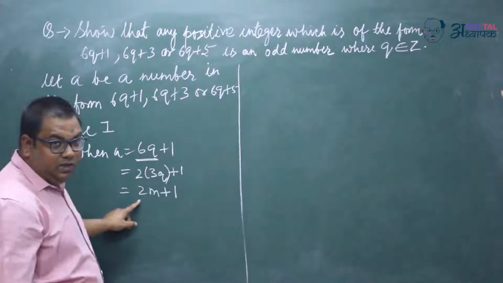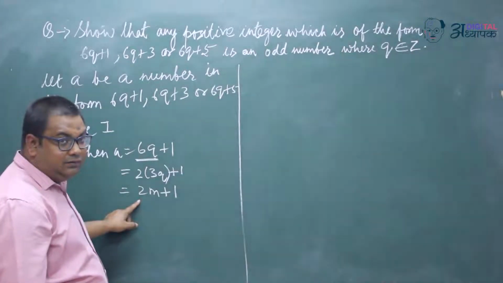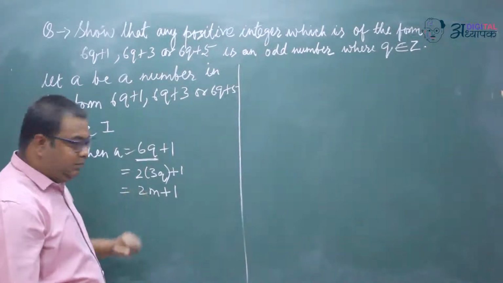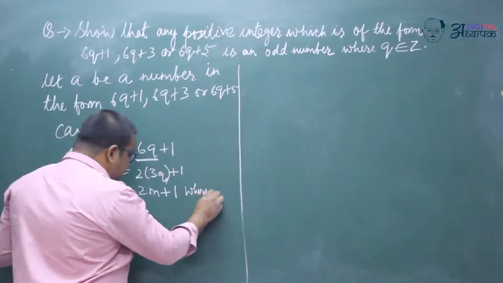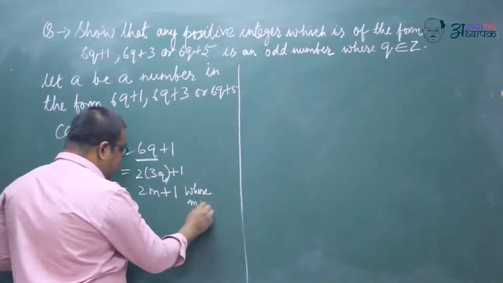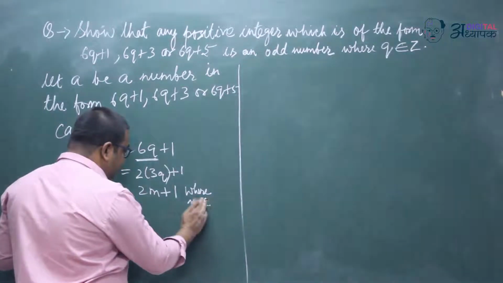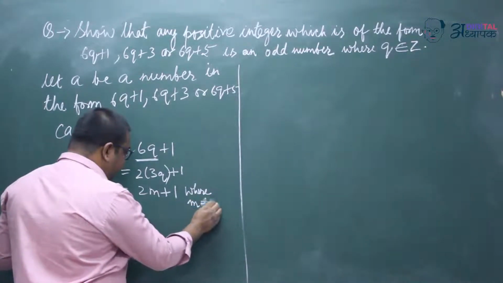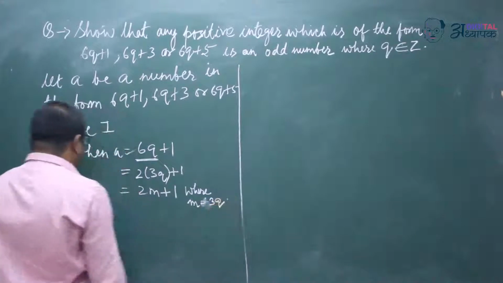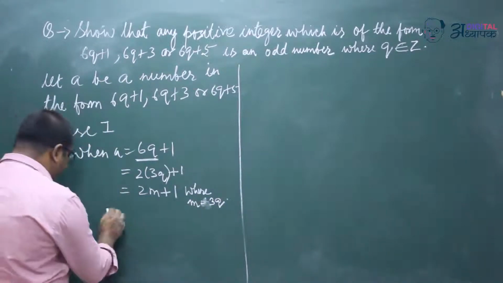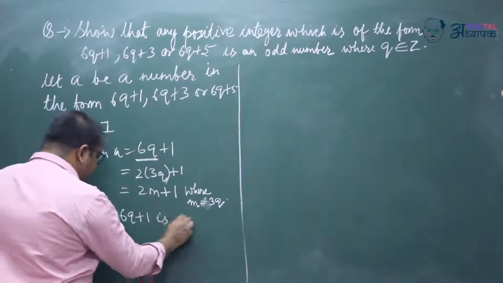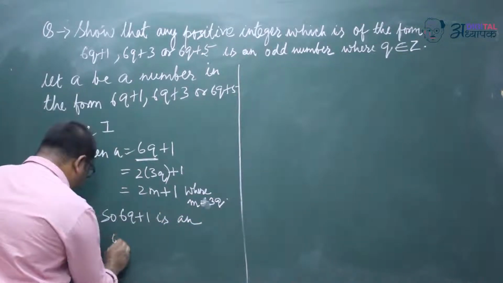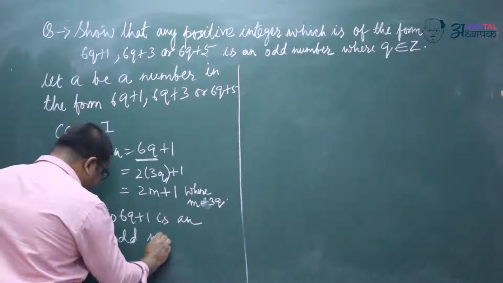And 2m plus 1 is the form of an odd number. So we will write where m is equal to 3q. So 6q plus 1 is an odd number.